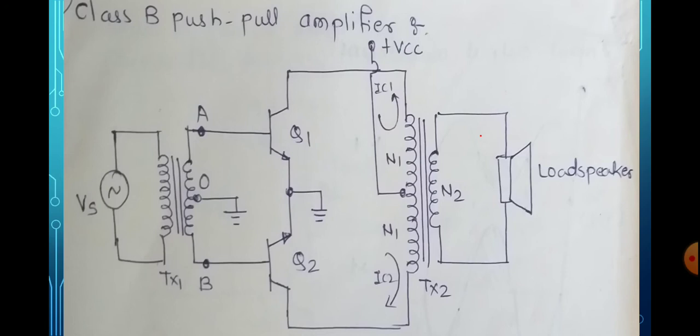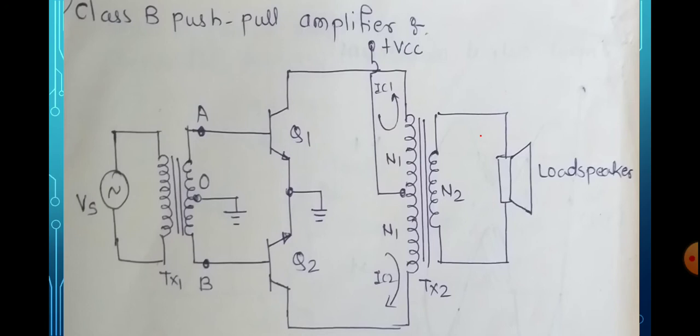The collector current IC1 flows through the upper half of the primary winding of the output transformer. IC2 is equal to 0 since Q2 does not conduct. Thus the positive half cycle is obtained across the load.